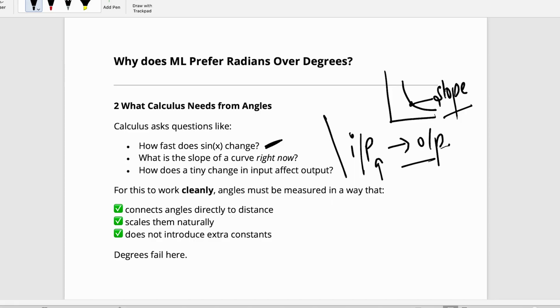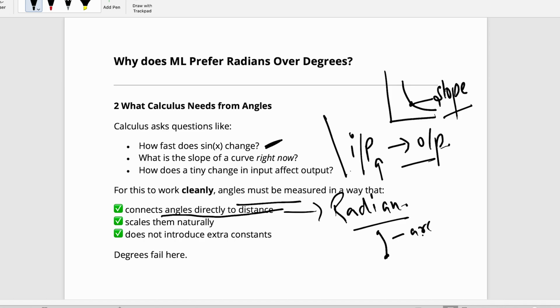These are the questions calculus is concerned with. For this to work cleanly, angles must be measured in a way that connects angles directly to distance. And this is where radians come into the picture. Why? Because a radian is all about the distance covered by the arc on the circle.